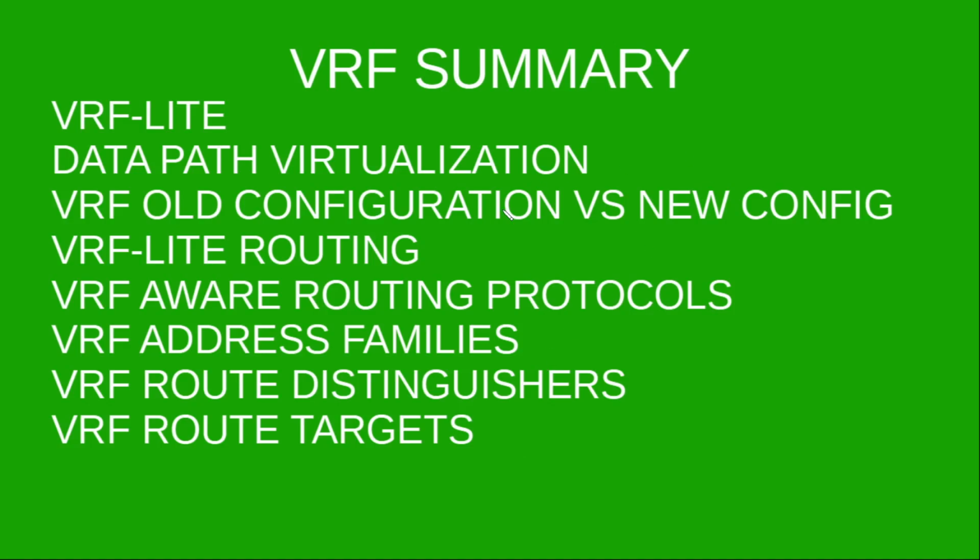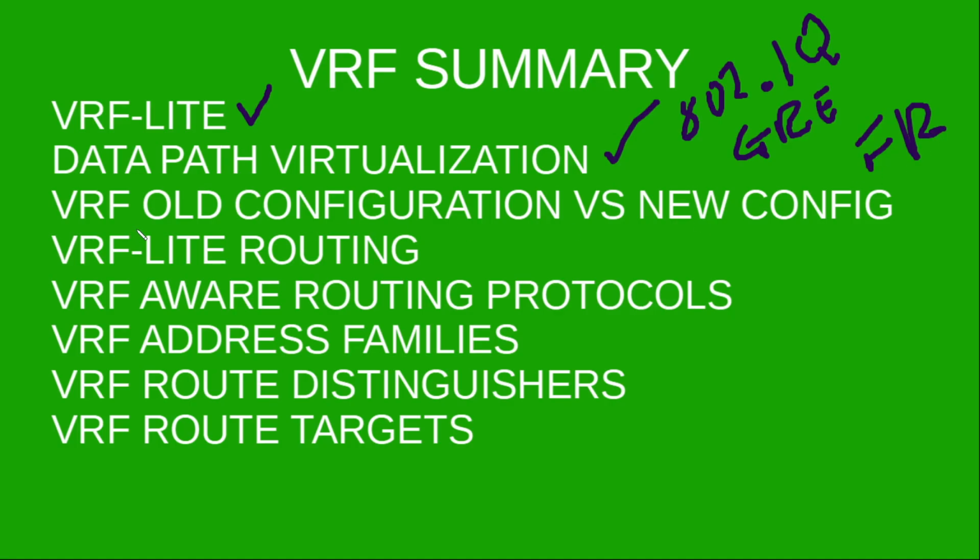Now, as a summary, we saw what VRF LITE is, what is data path virtualization. Remember that we saw several ways to perform data path virtualization, such as 802.1Q, for instance, with GRE, with frame relay as well.